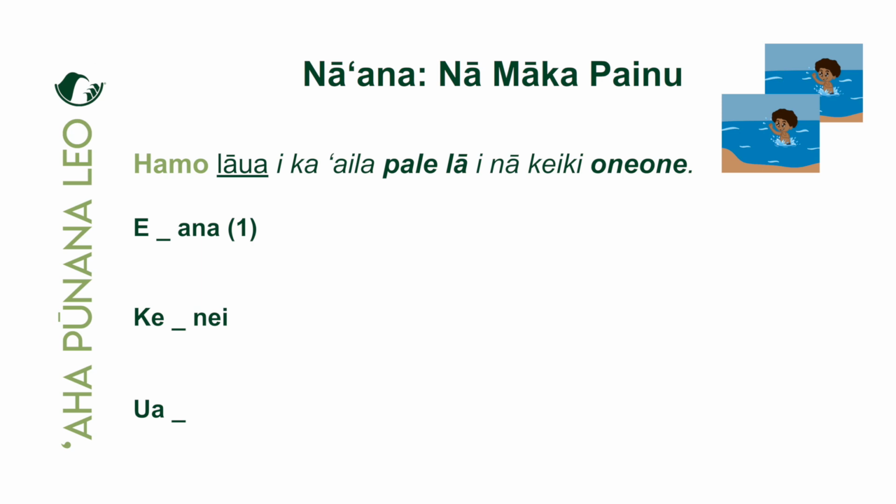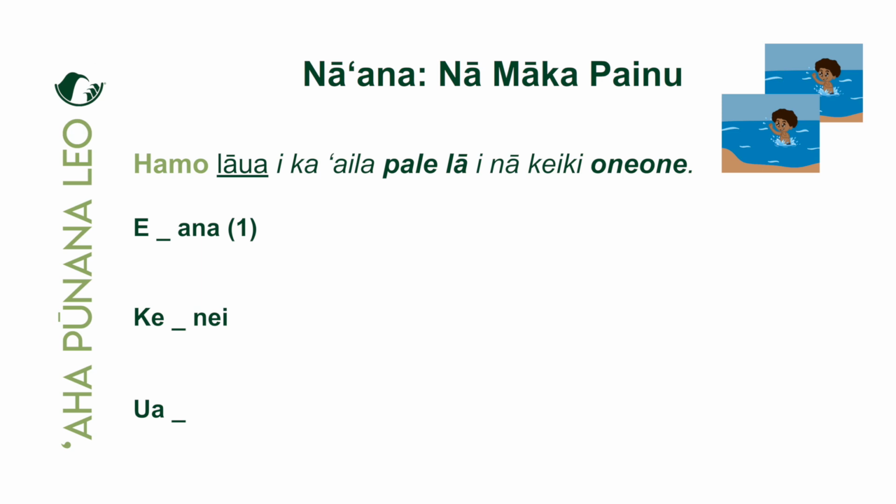All right, so let's take a look at the words, the meanings. Hamo means to rub. So what is the thing that's being rubbed by laua? They two are the parents, or maybe the older siblings, or someone who's taking care of them. They hamo, they rub what? Ika aila palela, or the sunscreen.